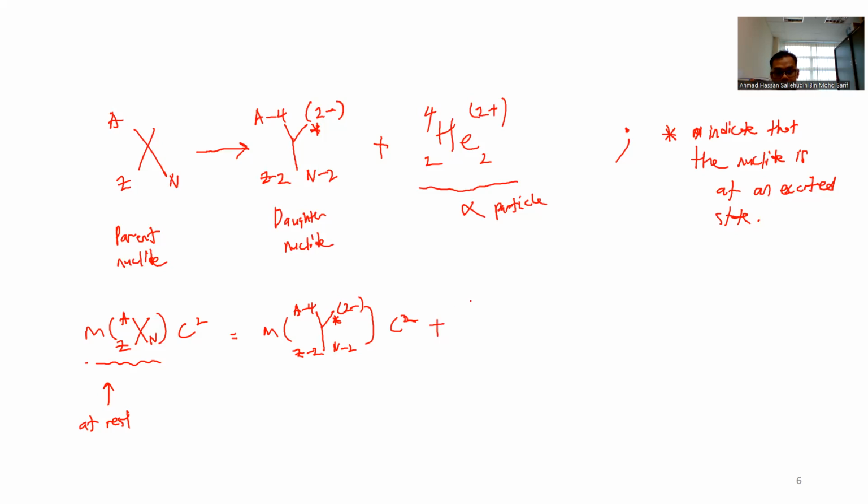So you have to show the kinetic energy because of the velocity of the alpha particle. As well as before you show the kinetic energy of the alpha particle, you should also indicate the kinetic energy of the daughter nuclide. So alpha decay is like an explosion.